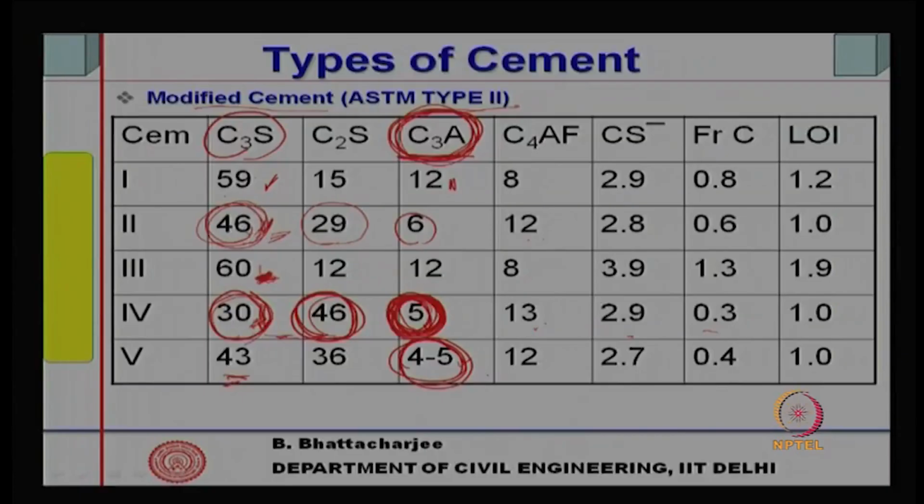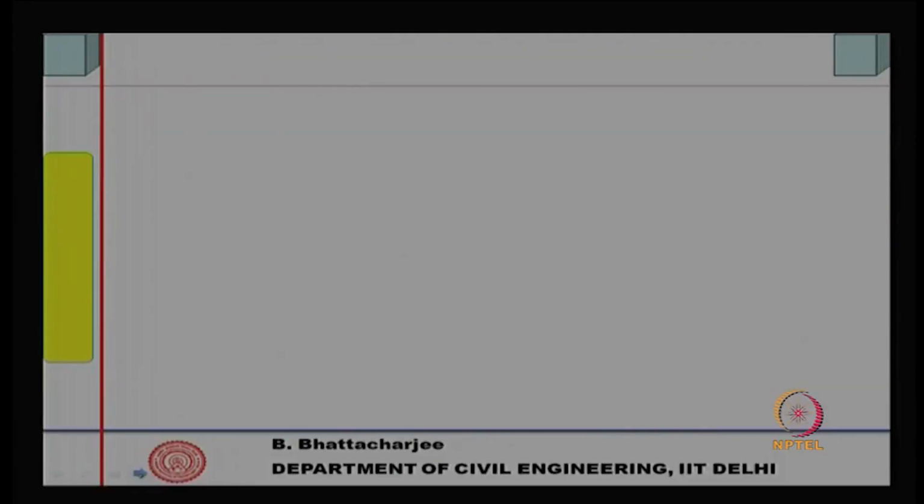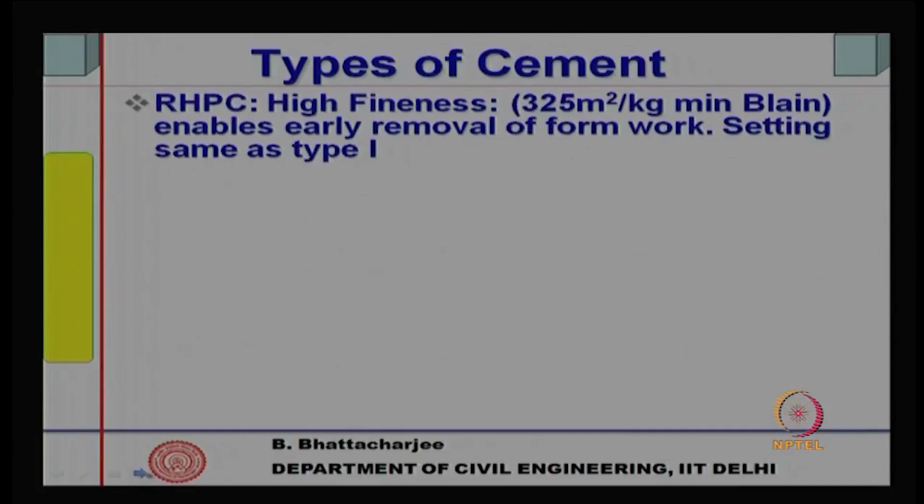So, a sulphate resisting cement will have the least quantity of C3A, but C3S is also reduced and C2S is increased somewhat. But the main aspect is that it should have low C3A in the case of sulphate resisting cement. So, these cements we have looked into right now. We will go back to the first slide again.